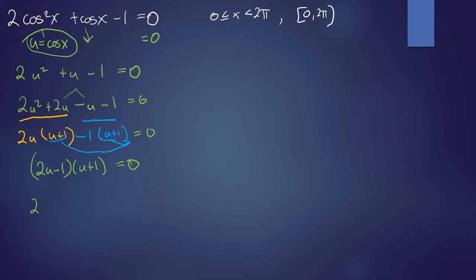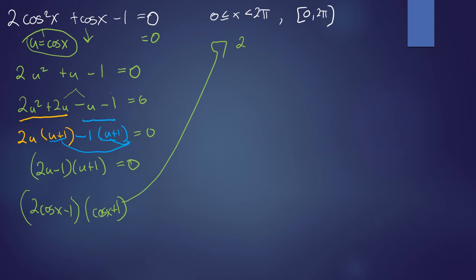So we get 2 cosine x minus 1 equals 0, and then cosine x plus 1. We're going to set each of them equal to 0 and solve for them.